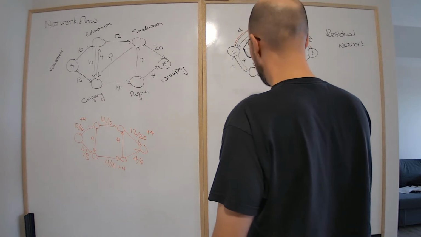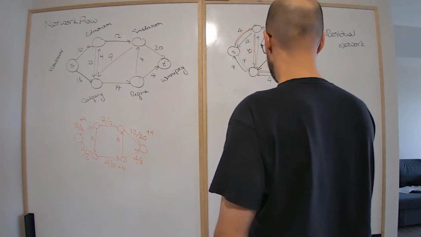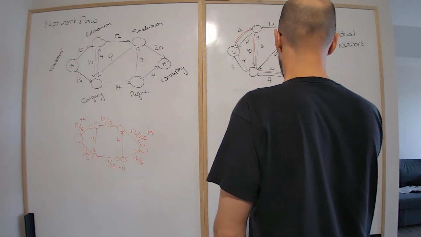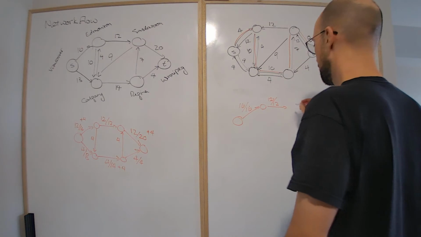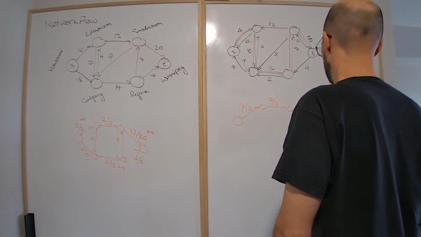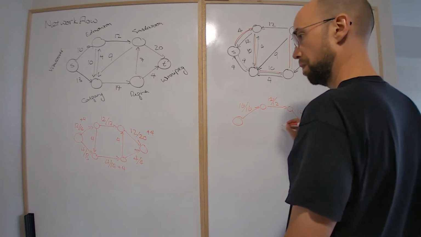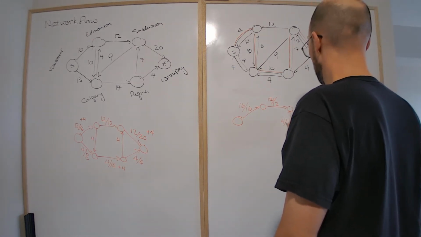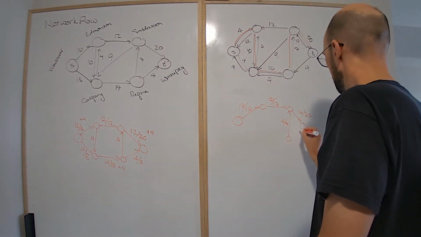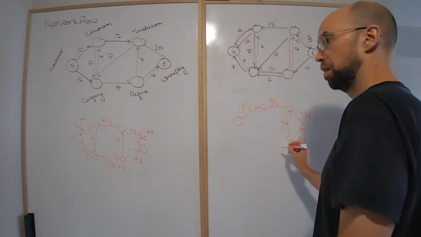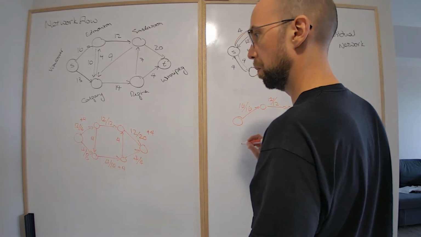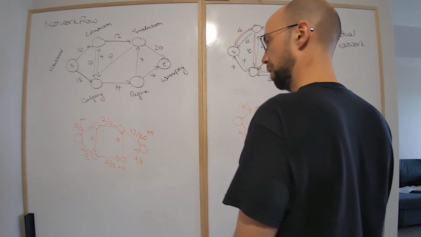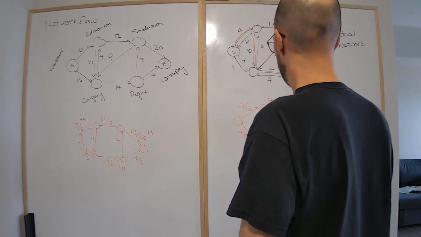Now we have 16 out of 16, 12 out of 12, 16 out of 20, 4 out of 7, 4 out of 4, 4 out of 13, 4 out of 10.